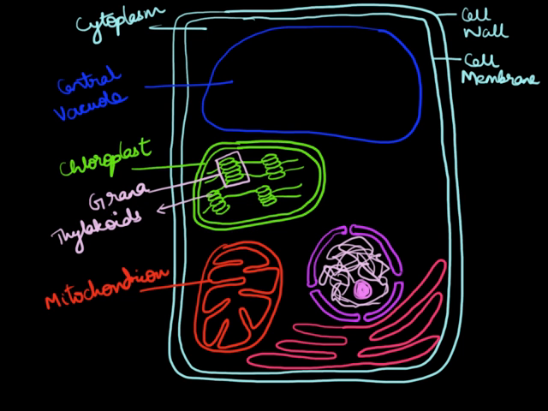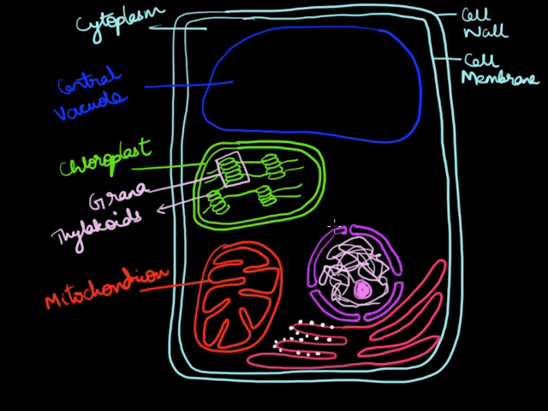Endoplasmic reticulum is of two types. One is the smooth and the other is the rough. The rough type has ribosomes attached to its surface. These white spots represent the ribosomes. So this becomes the rough endoplasmic reticulum. And when the endoplasmic reticulum does not have anything attached on its outer side of the membrane, it's called the smooth endoplasmic reticulum.